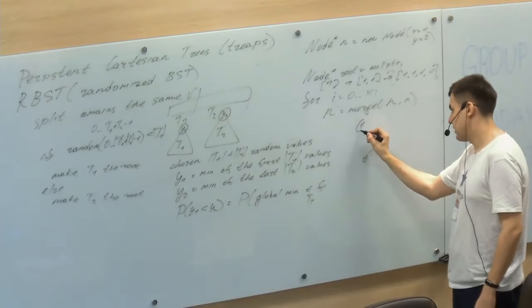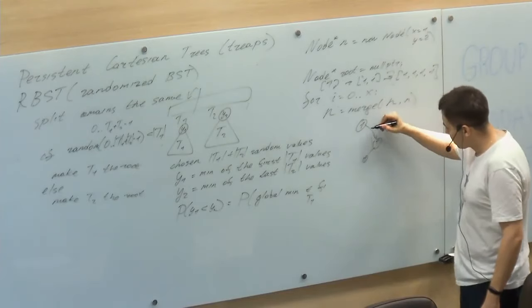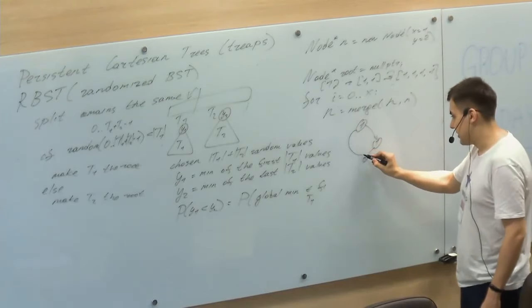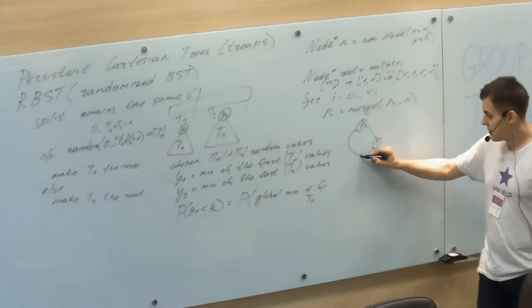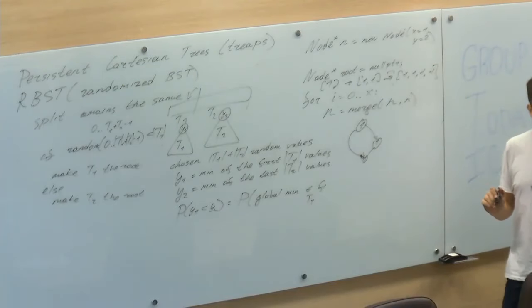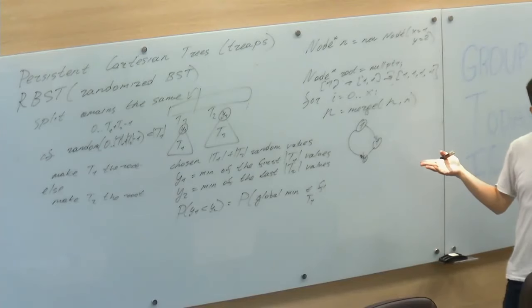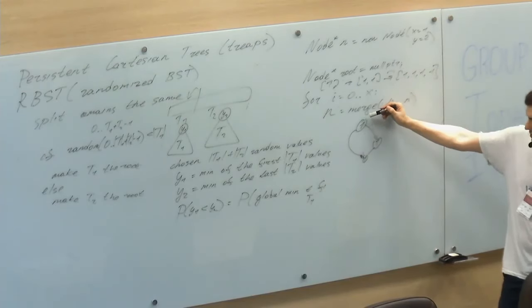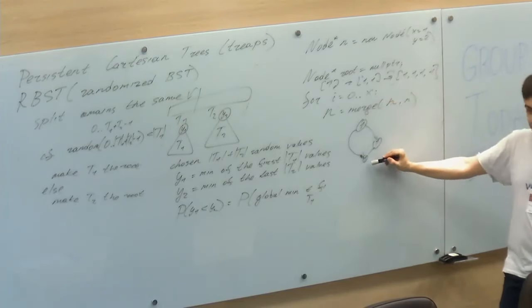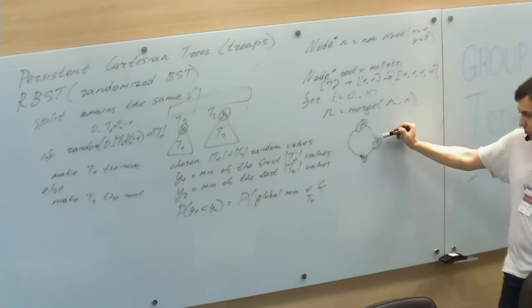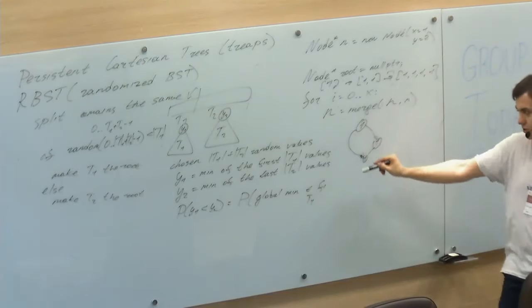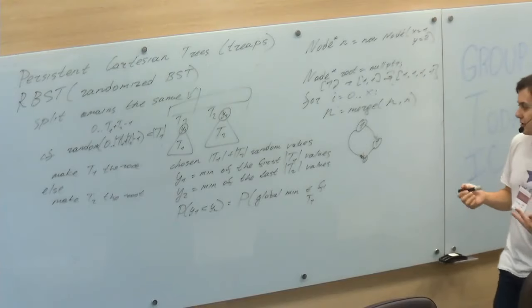This is a tree of size 4, right? We have a root, its left subtree has size 1, and its right subtree has size 2. So the total tree has size 4, and so on.